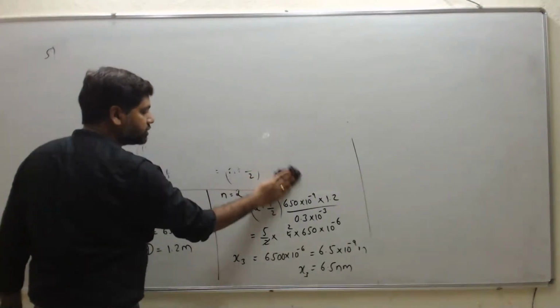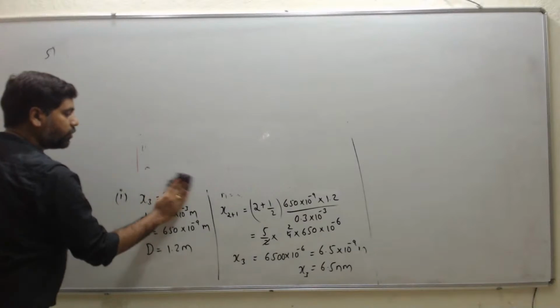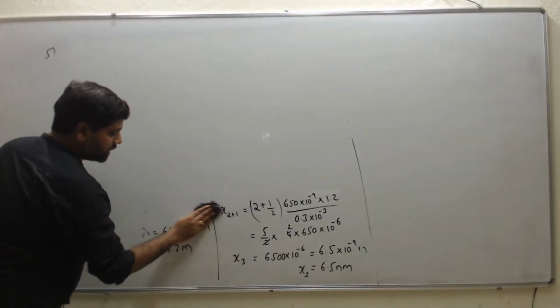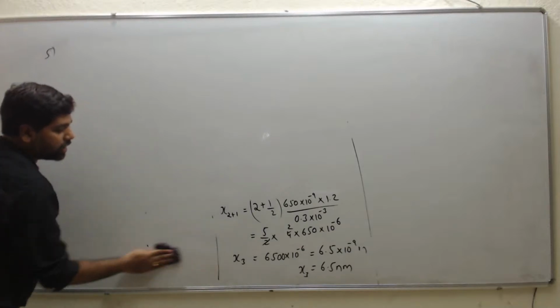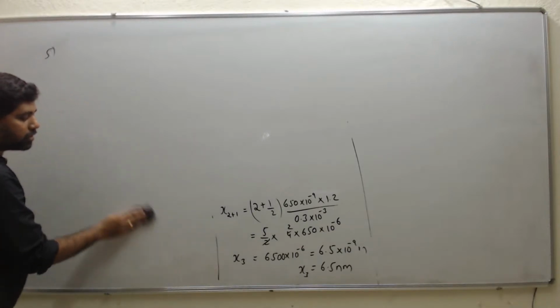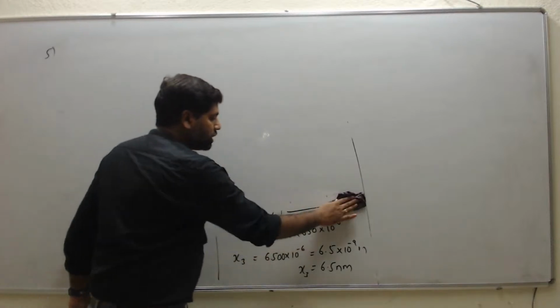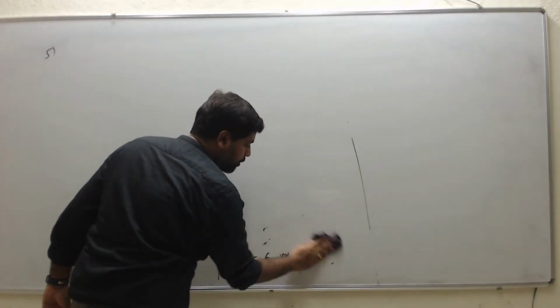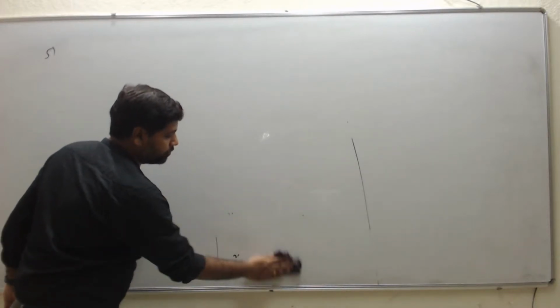And if they ask the distance from the central bright fringe, then for the bright fringe it is xn is equals to n lambda D divided by d, and for the dark fringe it is xn plus 1 is equals to n plus 1 by 2 into lambda D divided by d, right?